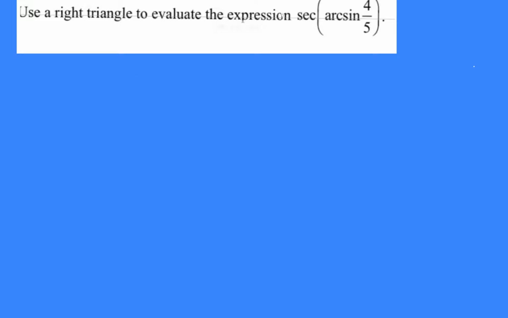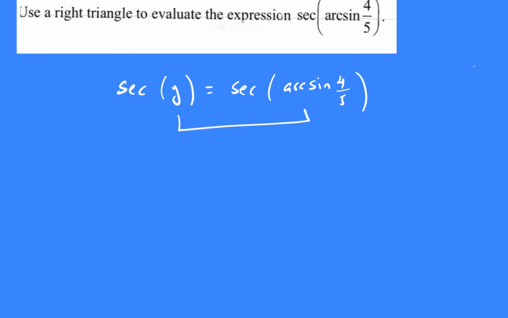So I have secant of something, y, where y is arc sine of 4/5. So let me write this in a different way. y is arc sine of 4/5.